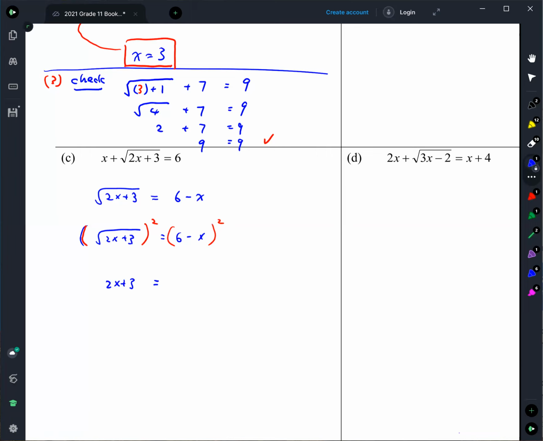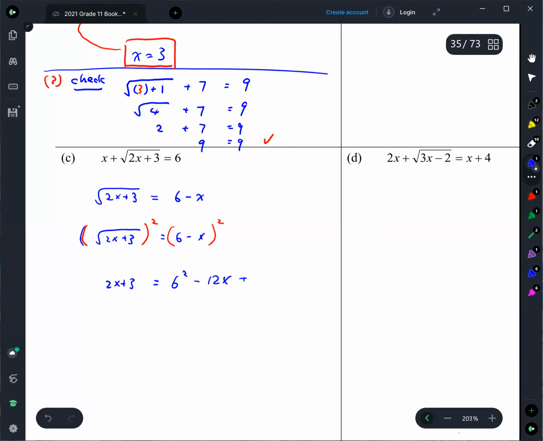Henry, how do we square the right side now? It'd be 6 squared, minus 12x, plus x squared. Very good.